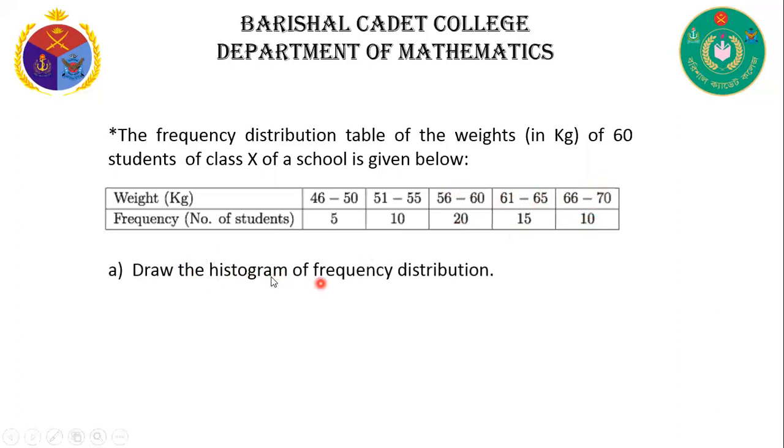Now draw the histogram of the frequency distribution table and draw the frequency polygon of the histogram. So first we draw the histogram of this table, and then the frequency polygon of this table.